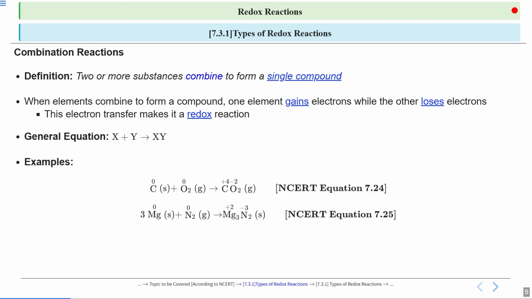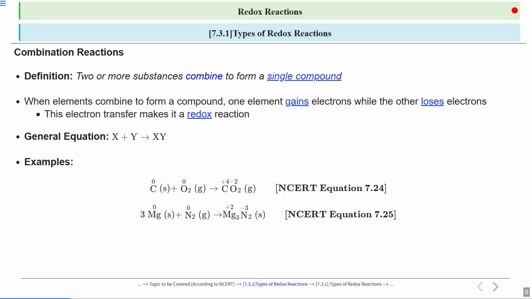In the second example, magnesium is combining with nitrogen forming Mg3N2, that is magnesium nitride. If you look at the oxidation states, both magnesium and nitrogen are present in their elemental state in the reactants with oxidation number 0.